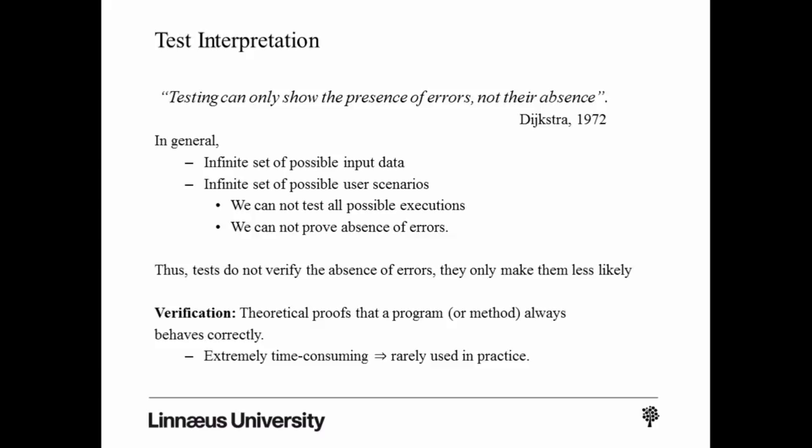Next, another perspective on testing is that when you have tested the code, it doesn't give you any guarantee that there are no errors in that code. You can use the test to show the presence of errors, but not to show that there are no more errors.